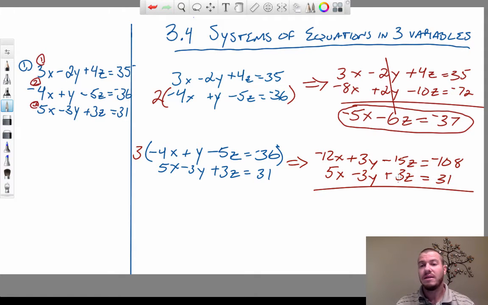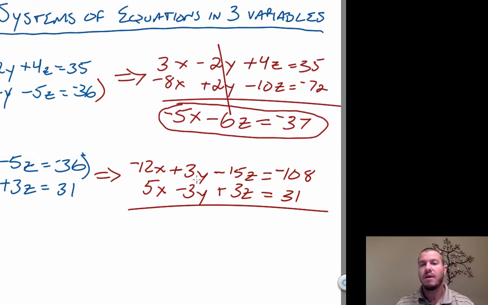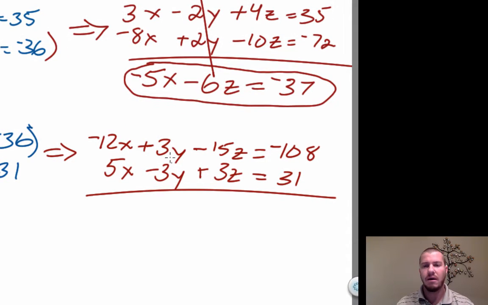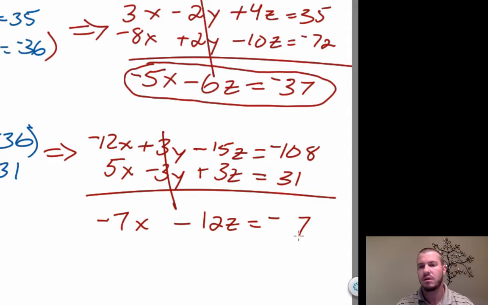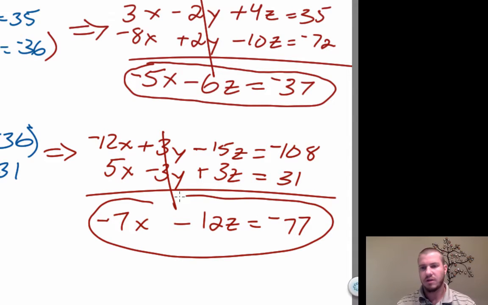And so I get these two equations, and my y's are going to cancel out. So that's going to leave me with negative 7x minus 12z is equal to negative 77. And I'm going to circle this one.